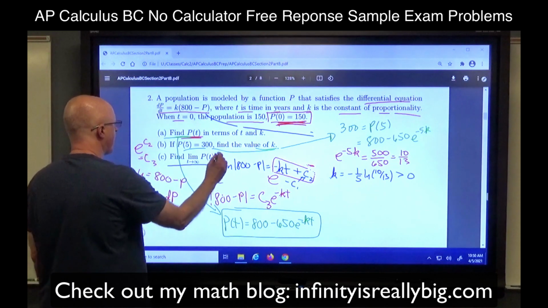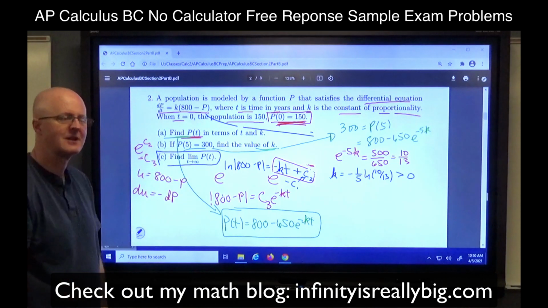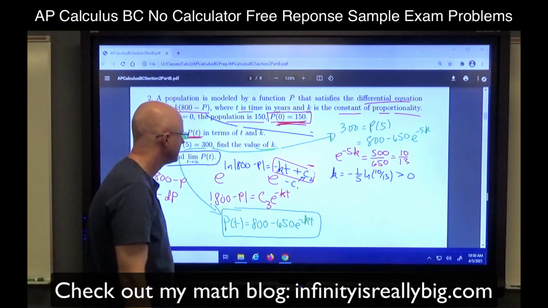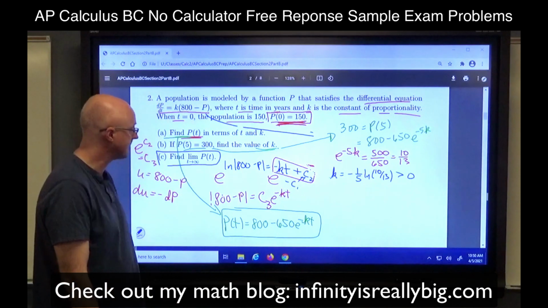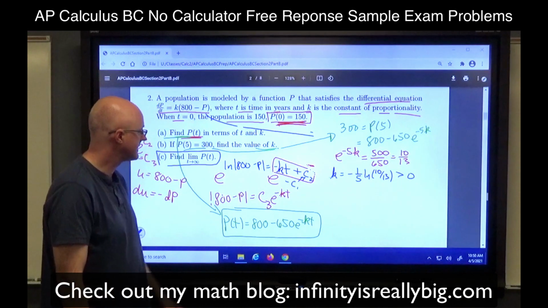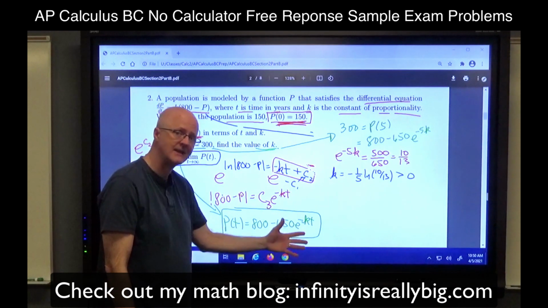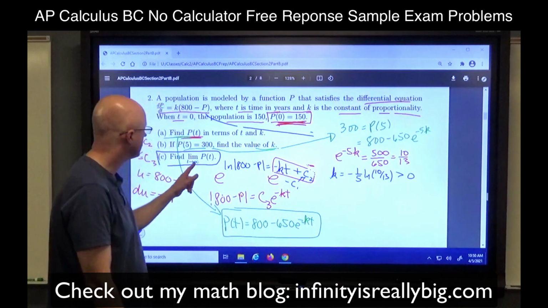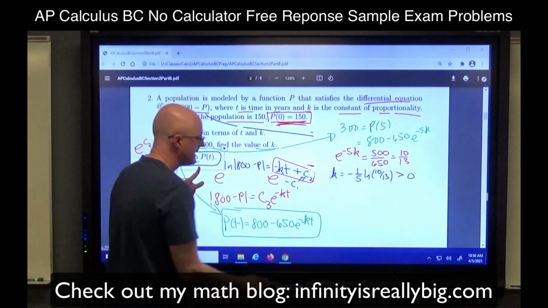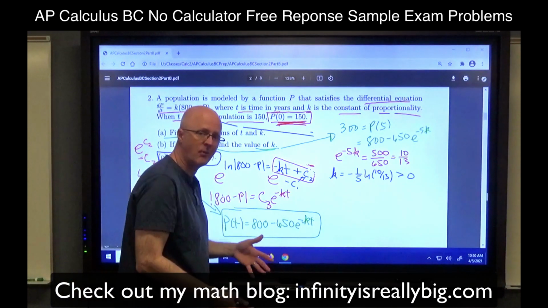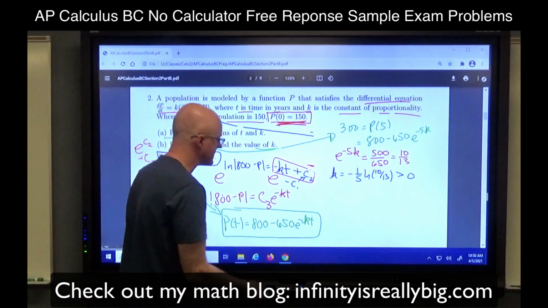Wait a minute. Wouldn't we need it for part C to find that limit? No. You don't need to know what k is other than the fact that it's positive. To find the limit of this function as t goes to infinity, if k is positive, then negative k is negative, and t is going to plus infinity. So you've got e to a power that's getting more and more negative, unboundedly so.